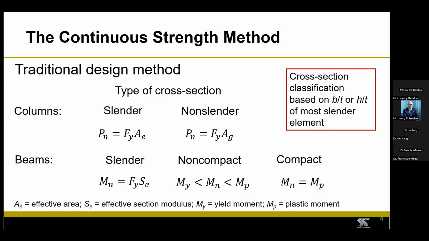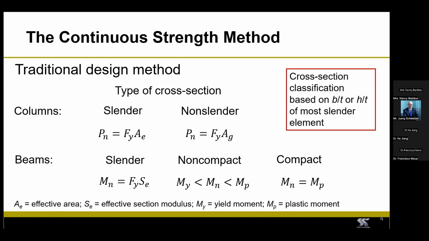If the cross-section is slender, that means that local buckling occurs before the cross-section is able to reach the yield load. And in this case, the effect of local buckling is considered by using the effective cross-sectional area or an effective section modulus. As for the stresses, this method assumes that the effective cross-section is going to be able to yield. And because of this, you always use the yield strength when calculating the resistance.